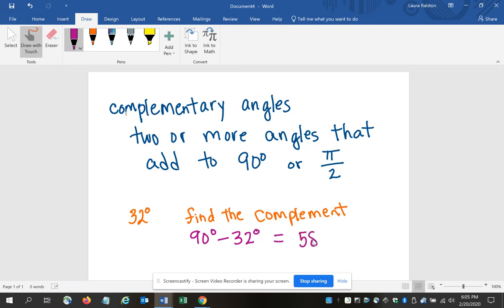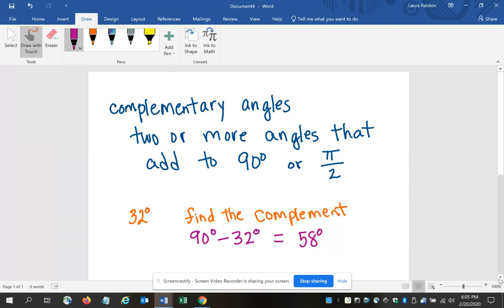And so we call a 32 degree angle and a 58 degree angle complementary because 32 degrees plus 58 degrees adds to 90. Complementary angles are two or more angles that add to 90 degrees.